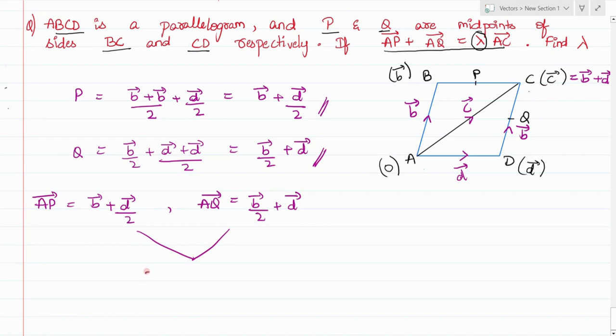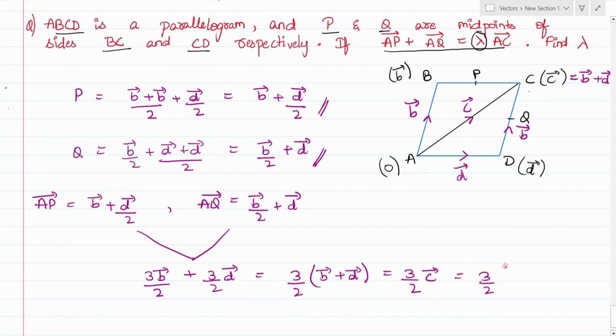We'll get 3 by 2 of the b vector plus 3 by 2 of the d vector. From here, we can write it as 3 by 2 of the b plus d vector. b plus d is nothing but the c vector, so it is 3 by 2 of the c vector. As A is the origin, we can write it as the AC vector. So lambda becomes 3 by 2.